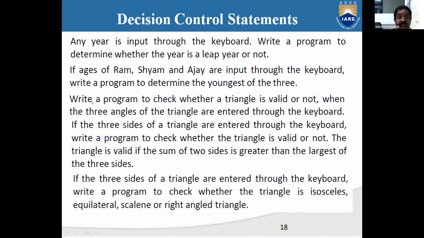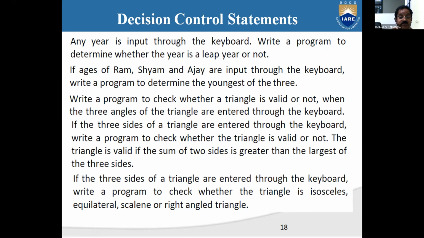Next program. Write a program to check whether a triangle is valid or not when the 3 angles of the triangle are entered through the keyboard. So how will you solve it?